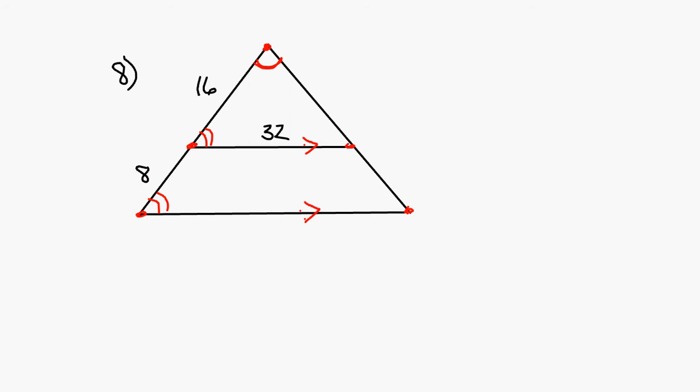So don't you have 2 angles in one triangle congruent to 2 angles in another triangle? They each have 2 congruent angles. Exactly. So which theorem or postulate proves they're similar? That's going to be angle, angle similarity.